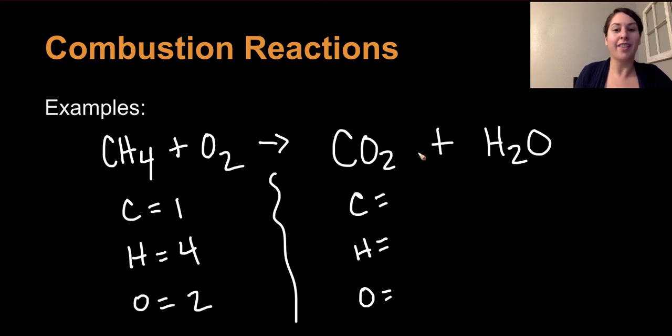Over here, now this is where it gets tricky. If you see that they're in 2 different compounds, so I have 2 oxygens here plus another oxygen here, which gives me a total of 3 oxygens. That can be problematic when we get to these because we see that it's split apart. Okay, we have 1 carbon and we have 2 hydrogens.